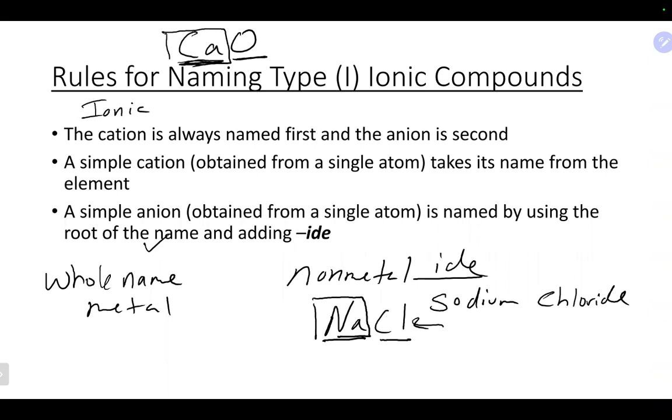Calcium is in which group on the periodic table? It is in group 2, which means does it have a fixed charge? It does, so that's all you need. So we're going to go with the whole name here of calcium. Oxygen then gets the IDE part of it. It becomes oxide. Any questions on that there?